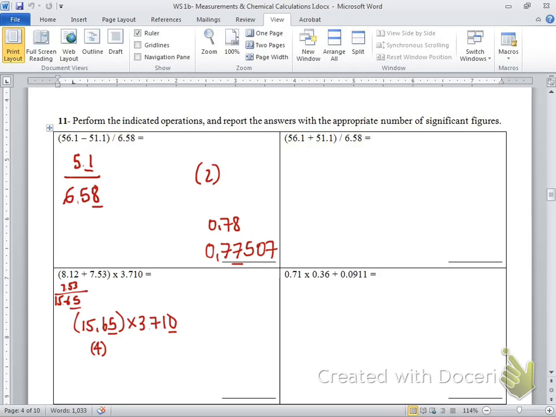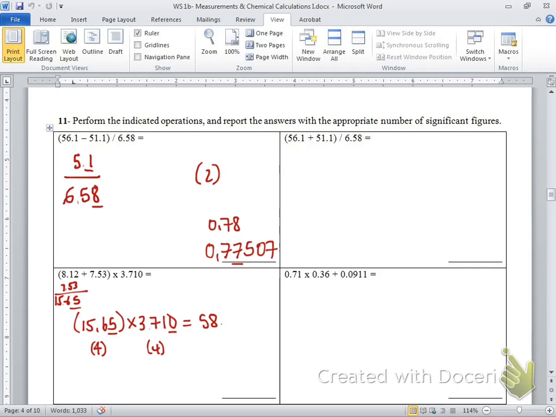This one I know to 4 because it's given to 4. Okay. Multiply that out, and that one I will just rely on somebody's fancy calculator. There's 4 in here. How many sig figs will be in my answer? 4. So what'd you get? 58.06.